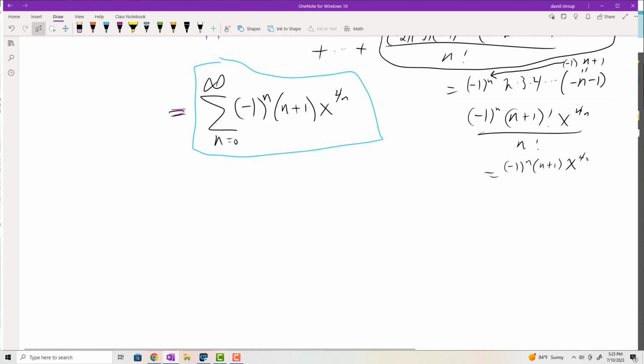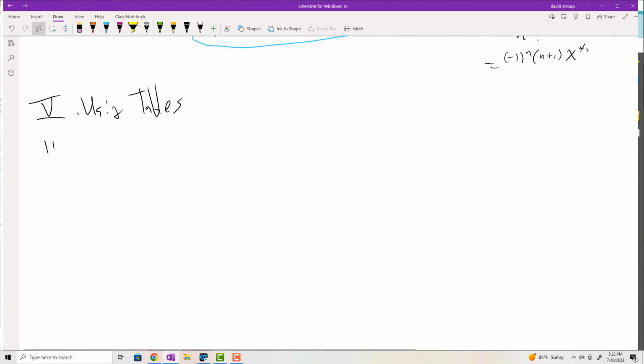Right. So let's try that with number 11, I guess. So using the tables. Number 11 in the homework, we have f of x equaling the ln of 1 plus x cubed.